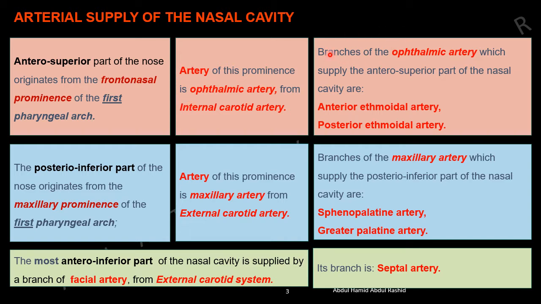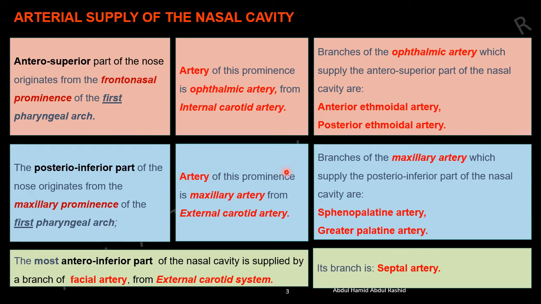Branches of the ophthalmic artery which supply the antero-superior part of the nasal cavity are anterior ethmoidal artery and posterior ethmoidal artery. The postero-inferior part of the nose originates from the maxillary prominence of the first pharyngeal arch.